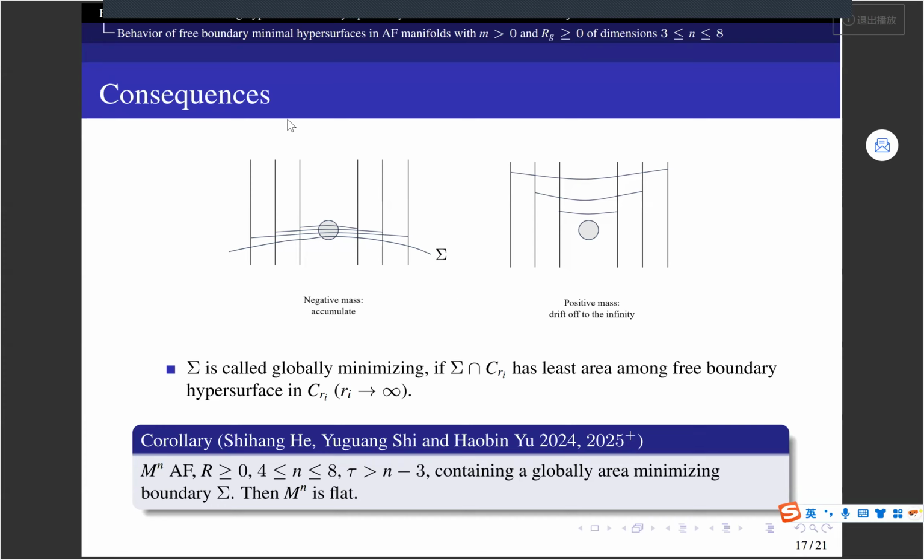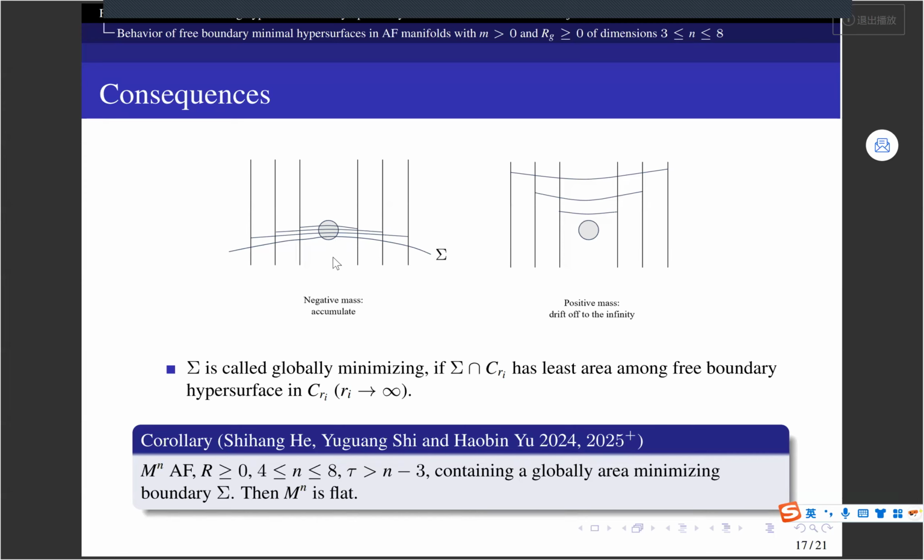Due to the negative mass condition, these two hyperplanes are mean convex with respect to the outer normal, so they serve as a barrier. When you solve for the free boundary minimal hypersurface, you can guarantee that they lie between these hyperplanes and they will intersect the fixed compact interval.